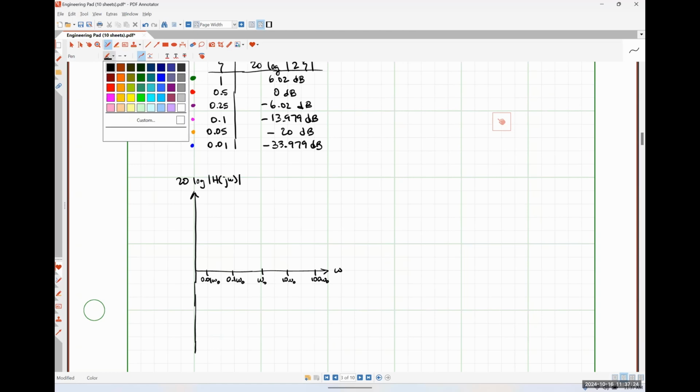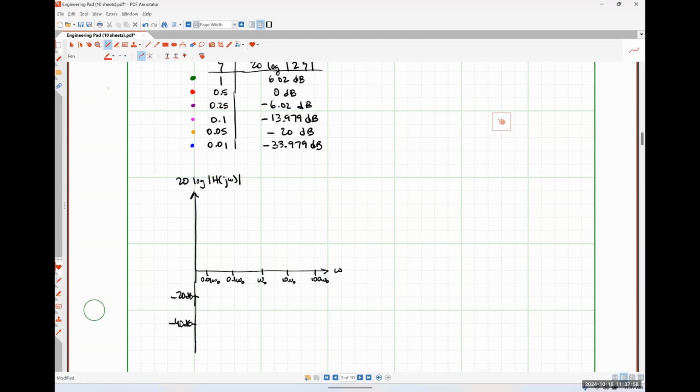So let me make this negative 20 dB, minus 40 dB, and so on and so forth. Okay. So let's start with the red one, actually, because that's the easiest one to do. Effectively, what this value right here on our table is telling us is how much we need to shift our graph in the area of our resonant frequency.